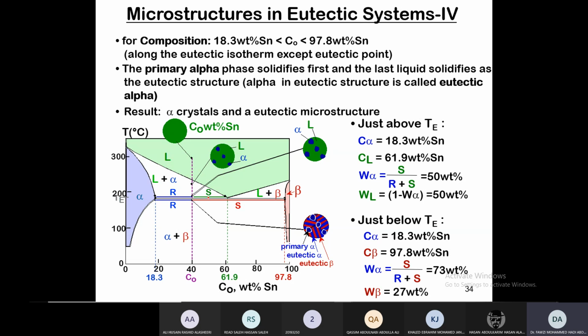As you can see, at different compositions we are getting different microstructures. Now, in this case, let's see what we are going to have as we cool down to just below this.